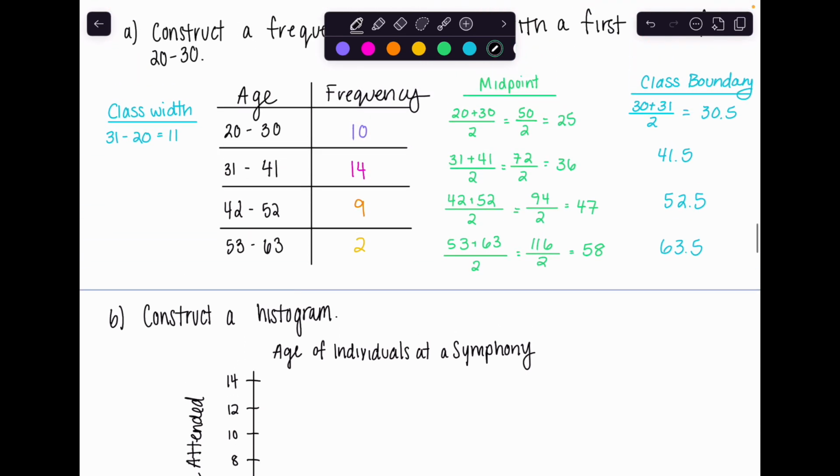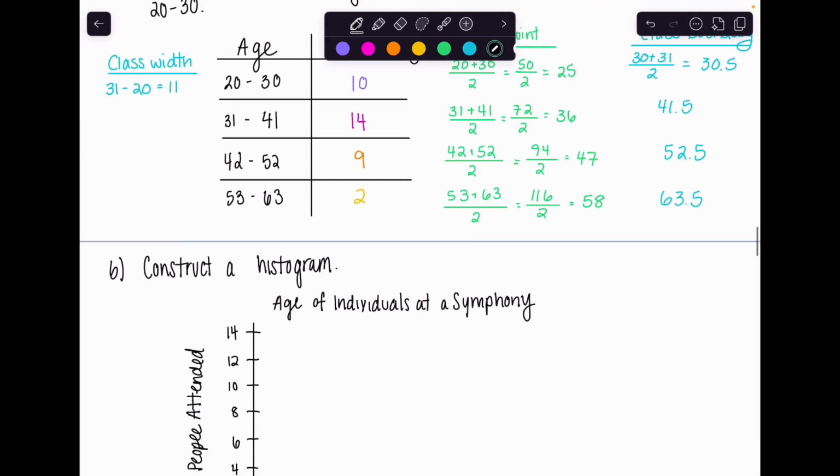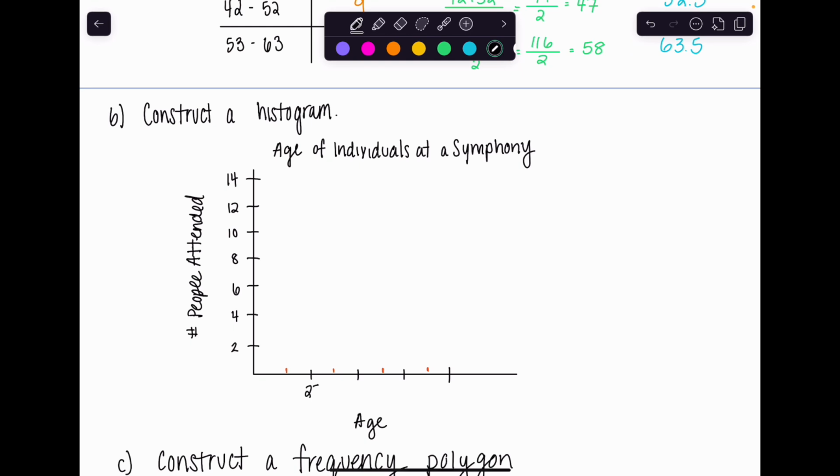So my first group had a midpoint of 25. So 25 is right here in the middle. For my next point, again, we add that class width, which is 11. So it was 36, plus 11 is 47, plus 11 is 58.